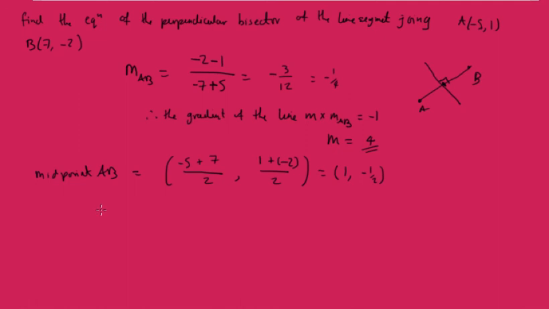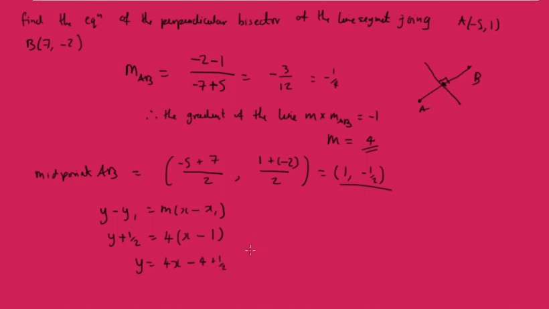Now we'll use our equation for the line. y minus y1 equals m times x minus x1, and we're using our midpoint coordinates here. So we'll have y minus minus a half, so it's going to be plus a half, equals m, which is 4, and we have x minus 1, and that's going to give us y equals 4x minus 4 minus a half.